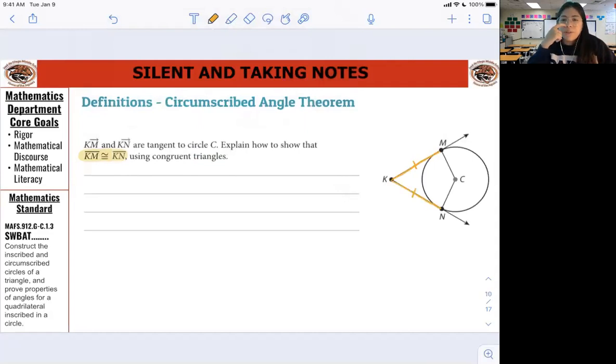How would we be able to show this using congruent triangles? I want you guys to think back to what Daniel said a little while ago, because that was a good start. And let's think about it. What types of triangles could I make here?